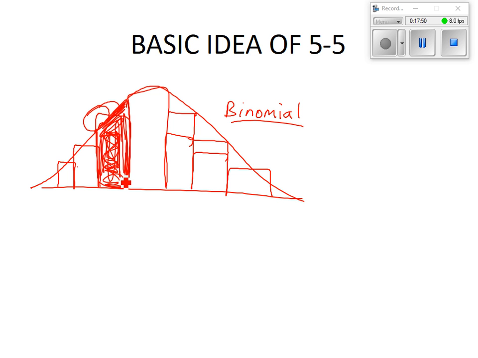The bad thing with the binomials is that if we had something like, let's say our mean was 10, this might be 8. Well, we're looking for the area from here all the way over to there.